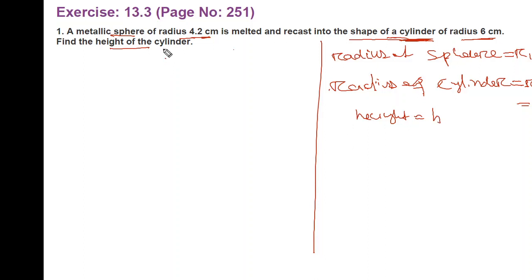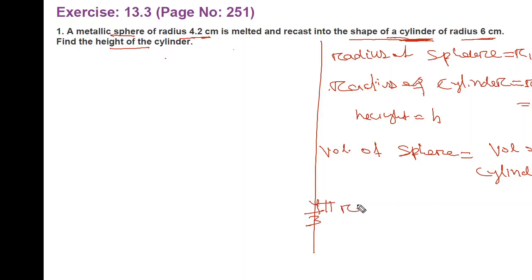So here the volume of the sphere will be equal to the volume of the cylinder. You can write volume of sphere equal to volume of cylinder. So the volume of the sphere, you know, is 4 by 3 pi r cube. Here r is r1, so r1 cube will be equal to the volume of the cylinder.